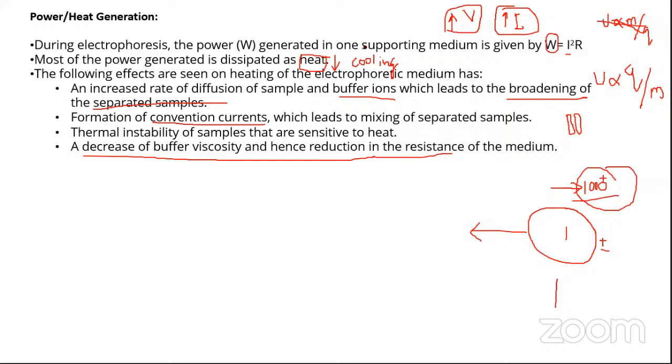So now nothing related to evaporation, separated sample broadening, or change in the viscosity or change in resistance will be allowed. Now I can get a good separation, right? Do you agree? Yes.